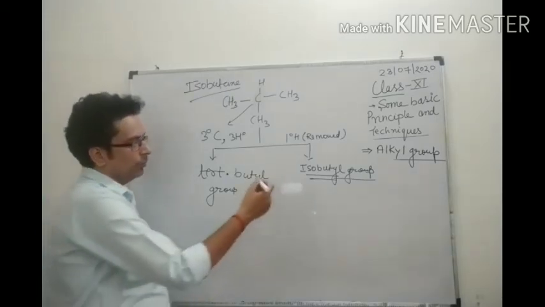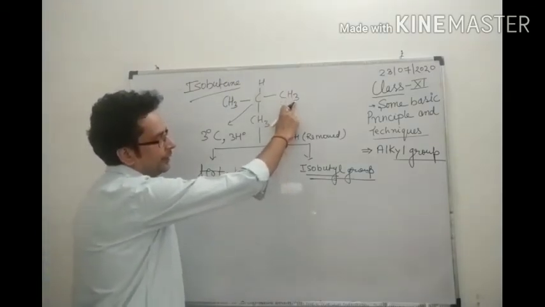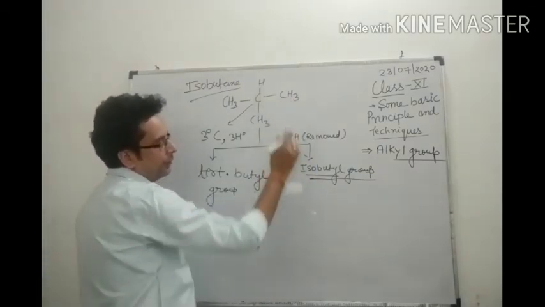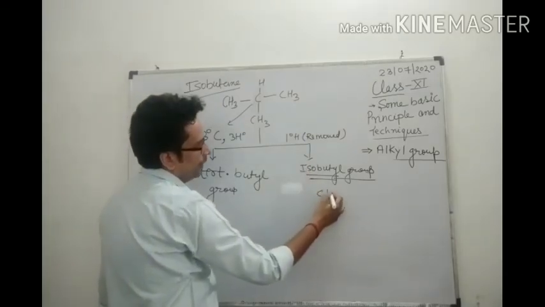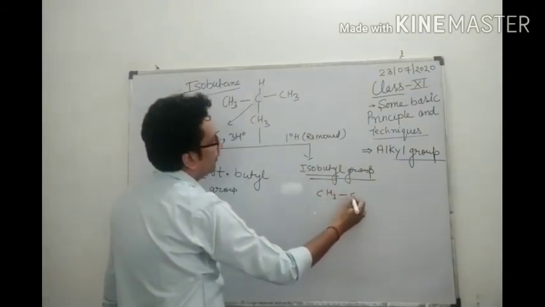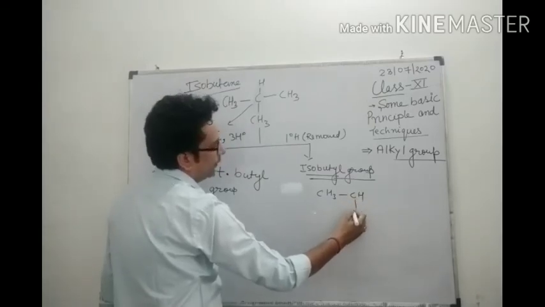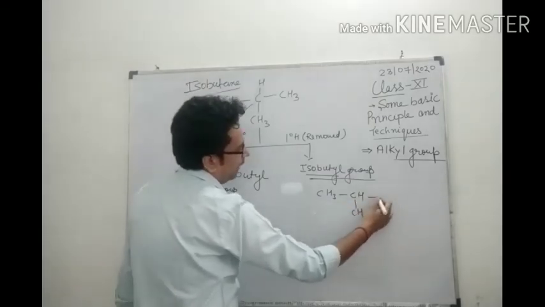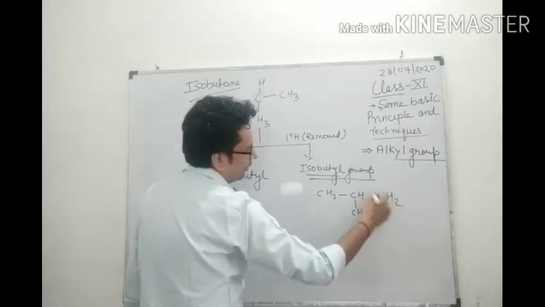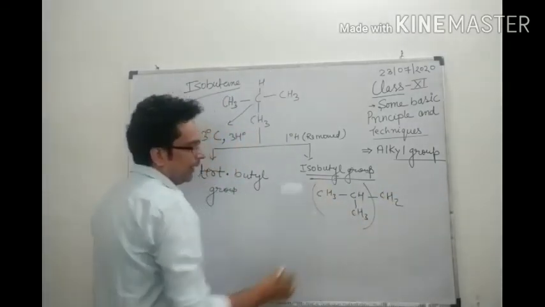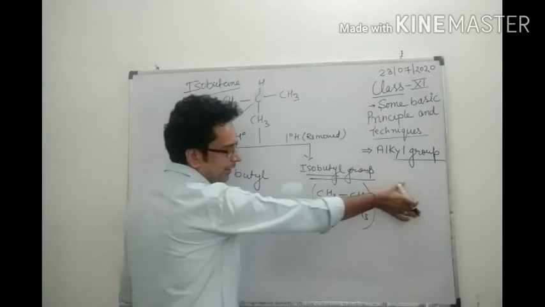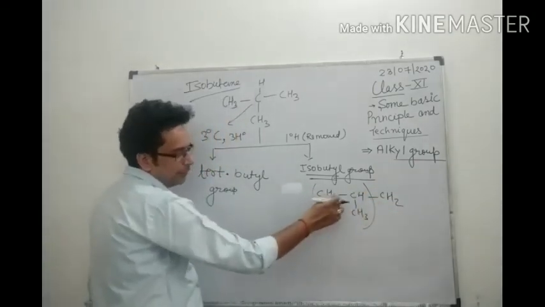Now why? Look here, if we remove this hydrogen, which is the 1 degree hydrogen, the structure is CH3, CH3 and CH2. Now this group is known as iso. Whatever group is here, no matter, this is iso.